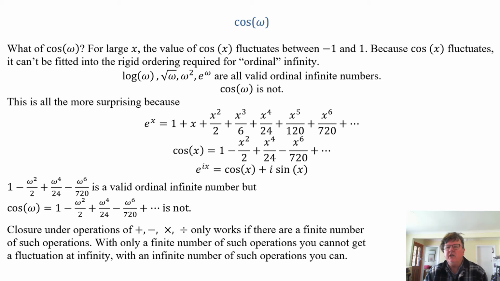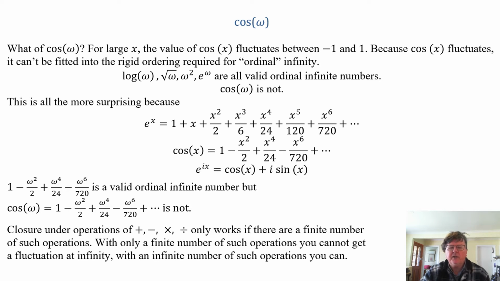Cos of infinity can be expressed as a series. Cos of x can be expressed as a series which is quite similar to the series of e to the power x, with every second term reversing in sign. And if you know complex numbers, you'll know that the relationship between e to the power x and cos of x is this.